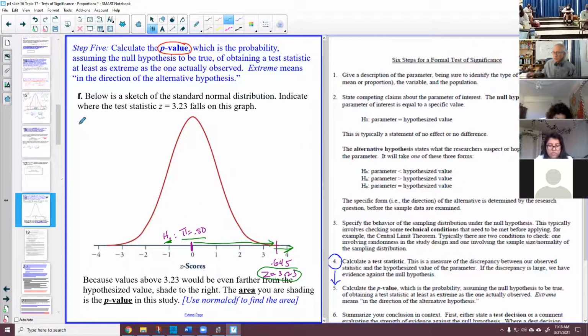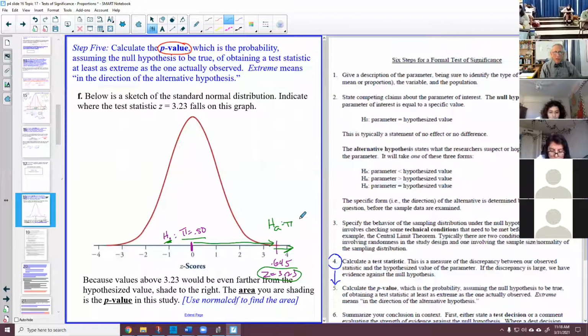Let's see if we can get an answer. Crystal, can you tell me what tool I'm going to use? Sorry, can you repeat? Yes. So I have a z-score of 3.23. My alternative hypothesis, my H sub A, is that pi is actually greater than 0.50. And my p hat, the statistic that I got, was 0.645.